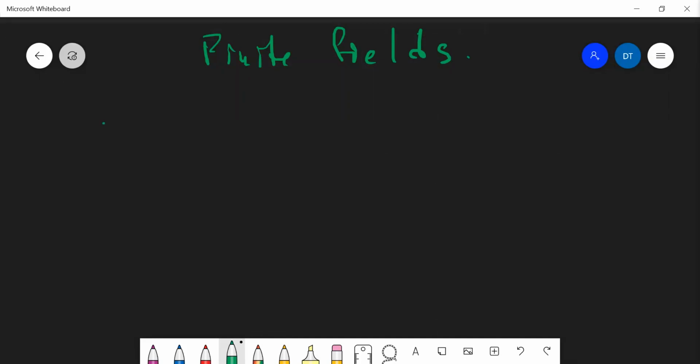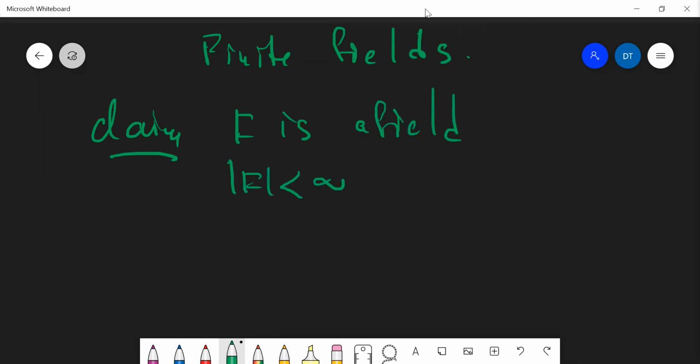Let me start with claim number 1. Suppose F is a finite field, so a field with finitely many elements. Then the characteristic of this field must be prime, so a finite field cannot have zero characteristic.